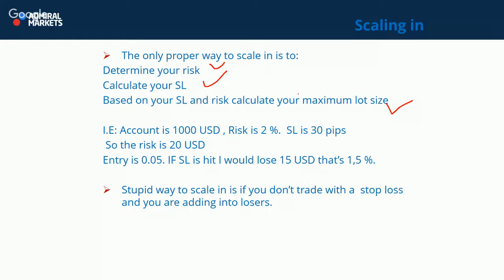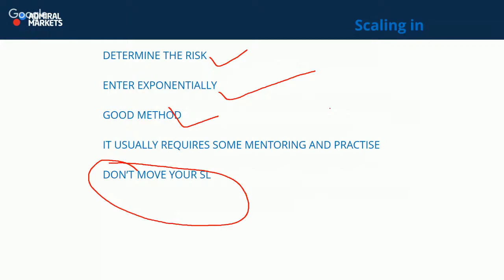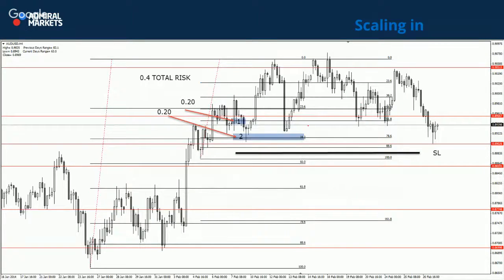Then your positions should be defined within that daily risk limit. And if you want to scale in, you need to divide your position into multiple entries, multiple pieces, while keeping your risk the same. That is what you should do.